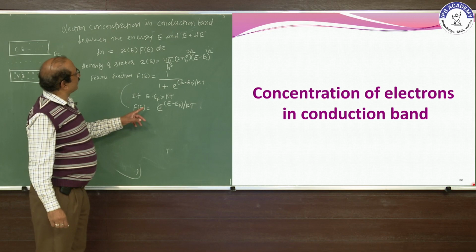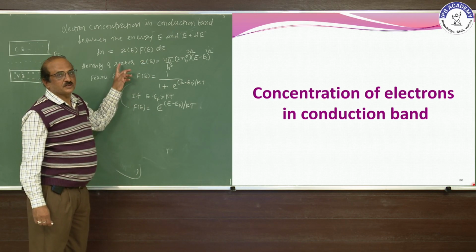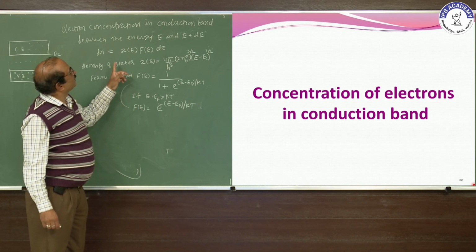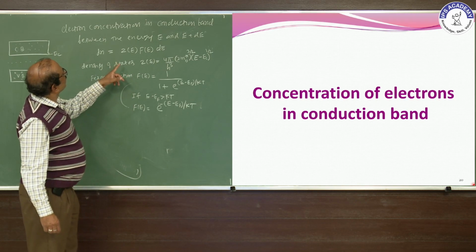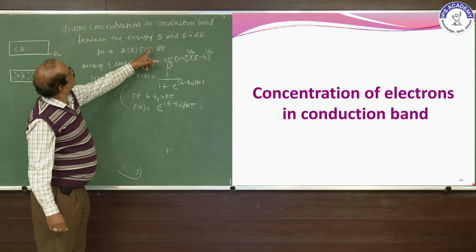Now you can put the value of f(E) and density of states. Density of states is the number of states per unit volume per unit energy interval between E and E plus dE. So you can put the value of g(E) and f(E) into this equation.